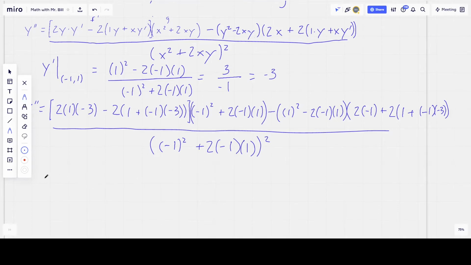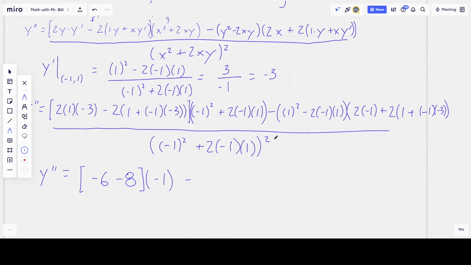And that's all squared. So then y double prime is equal to, start cleaning this up, 2 times 1 times negative 3, which is negative 6. And then we've got 1 plus 3, which is 4 times negative 2, so that's going to be minus 8. And then that's going to be times 1 minus 2, so that's negative 1.